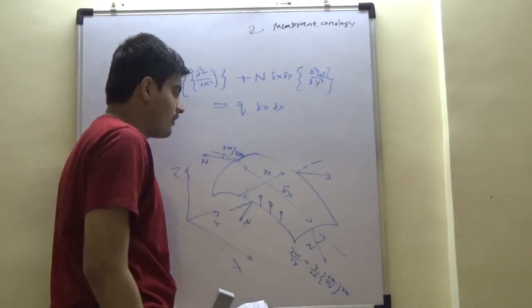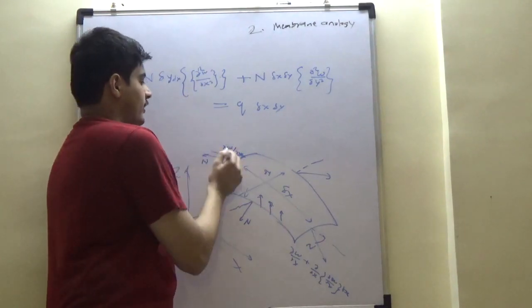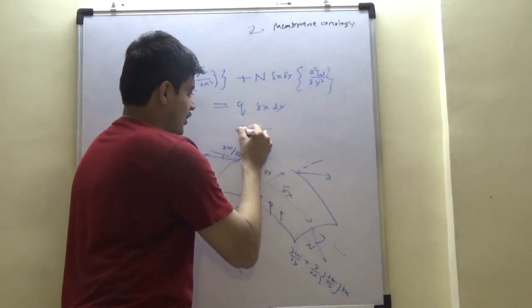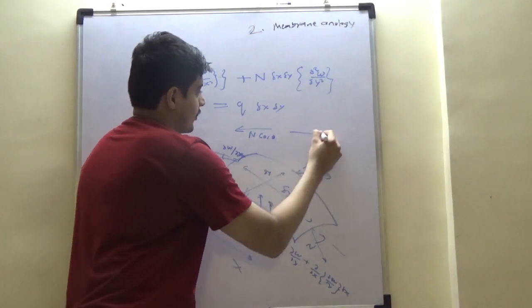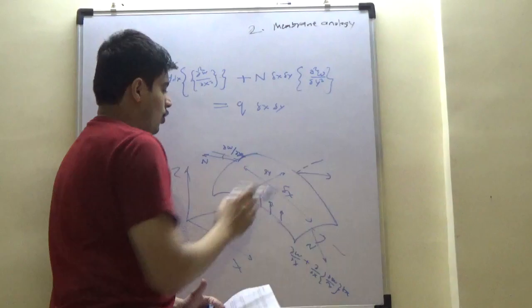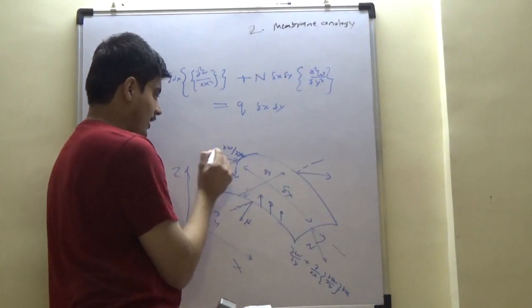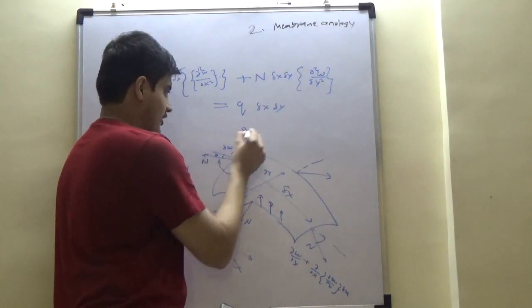So the equilibrium equation will tell you that these are the projected components in this direction, n cos theta on both sides is what the equilibrium force is. The only force which is perpendicular is the sine of this theta.